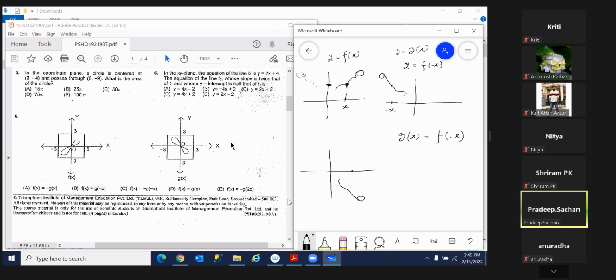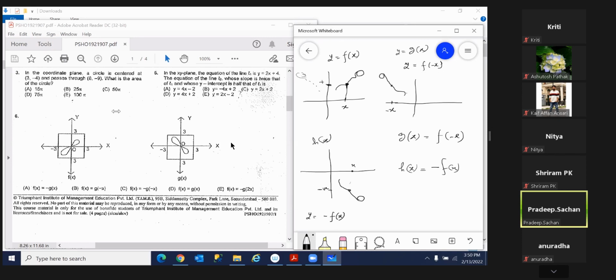So from one function you can frame four functions eventually. If f(x) is a function, f of minus x will look like this, minus of f(x) will look like this, and minus f of minus x will look like this. So that is called the relationship between two functions. If you are taking a mirror image across the x-axis or y-axis, means you are putting a mirror on the y-axis, you are putting a mirror on the x-axis, and you are taking the mirror image, it will look like what we have drawn.